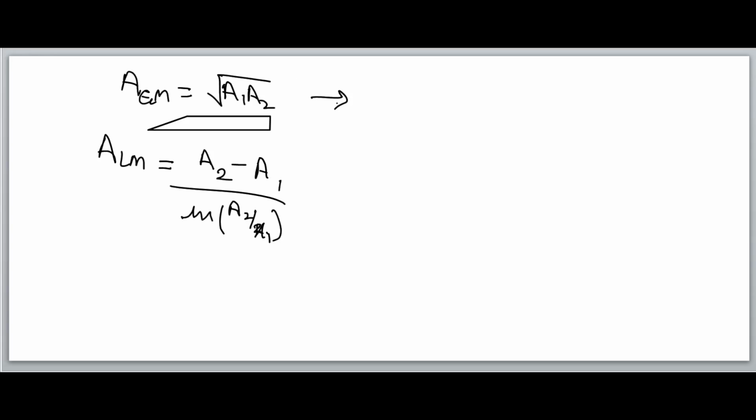So this is for a hollow sphere and this is for a hollow cylinder. Remember this, because in many exams they ask what will be the mean area of a hollow cylinder, or what will be the mean area of a sphere. That is, for a sphere it will be the geometric mean, and for a cylinder it will be the log mean area. Okay, thank you.